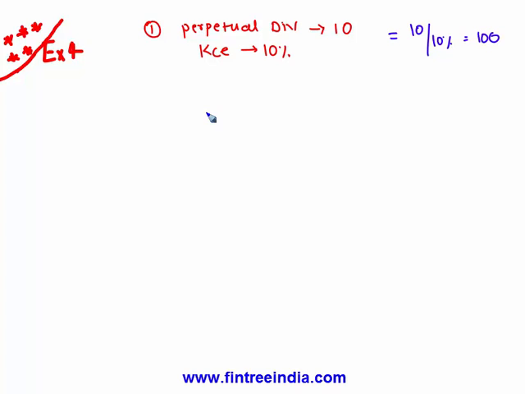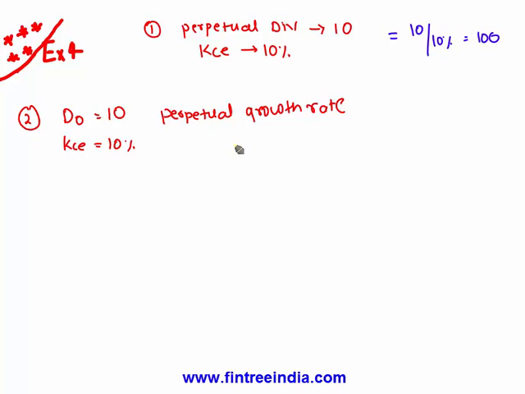Now the second part, which is linked to the first question: the dividend of time 0 was 10, cost of common equity is 10%, and perpetual growth rate. The important word to focus on is perpetual.